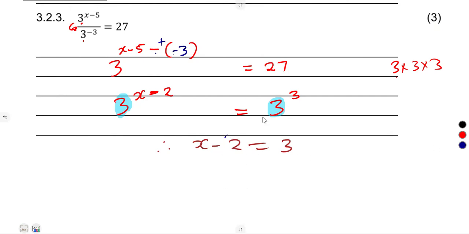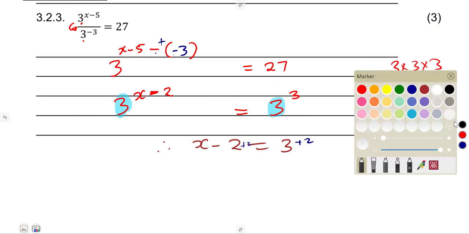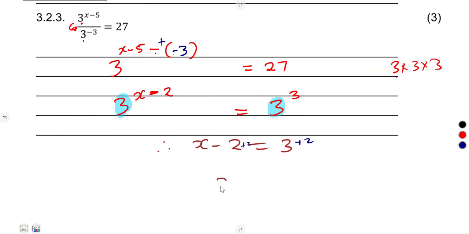Take the minus 2 to the other side, that'll be a plus, or simply add 2 both sides, as we've got a negative. So we add 2 both sides to get rid of that negative 2 on the left-hand side. So x will be equal to 3 plus 2, which is 5. This is how these questions can be given. So many ways of answering.